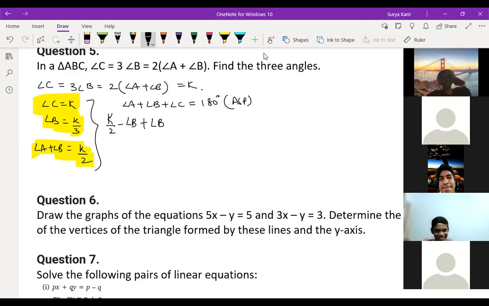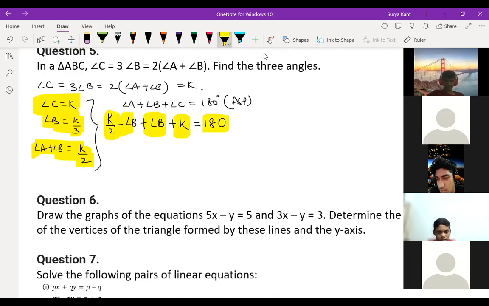Anyway, children, try to understand. So K by 2 minus angle B plus angle B plus K is equal to 180. Can we write like this? Instead of A, what I've written is K by 2 minus B, and B is as it is, and plus K is equal to 180.